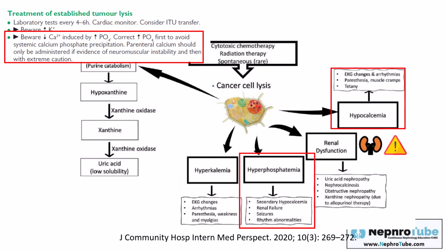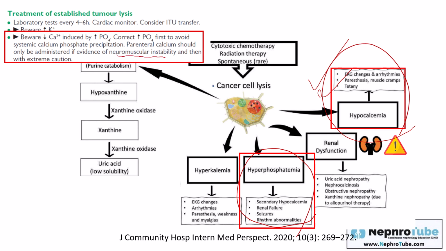The second point regards hypocalcemia. Do we have to treat hypocalcemia? The answer is no, because usually hyperphosphatemia resolves with hydration, and then hypocalcemia will be corrected. So don't treat hypocalcemia except if there is neuromuscular instability, convulsions, or cardiac arrhythmias.